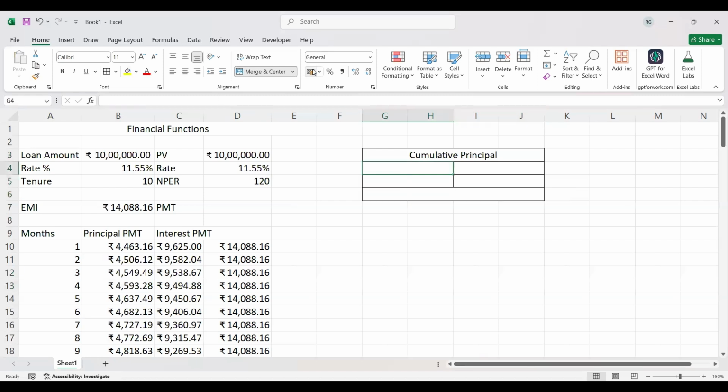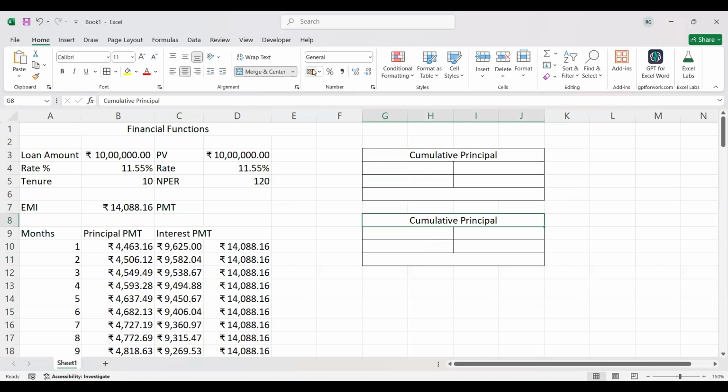Now let's copy this cumulative principal and the same I want to get for cumulative interest. So I'm just giving over here start month and end month. That what will be the start month and what will be the end month, that's what I have to check.